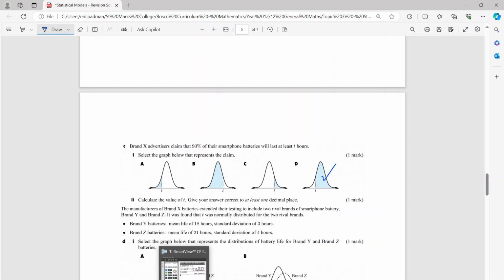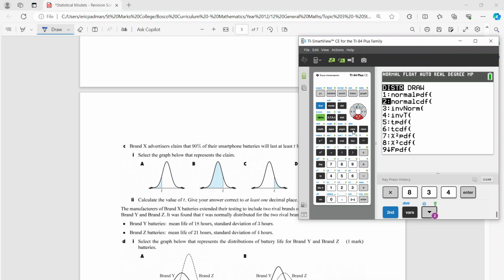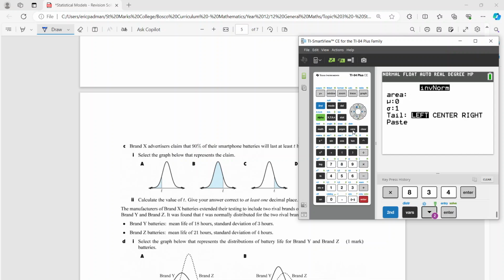Okay. We've got the same values as the same brand, so we're just doing an inverse normal with those variables. 90%. All right.